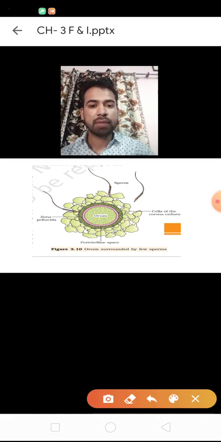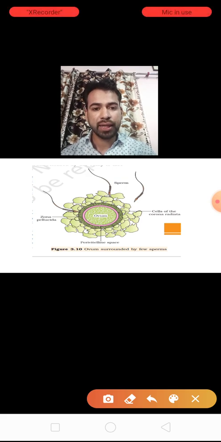It is a diagram of the ovum. It has three layers.